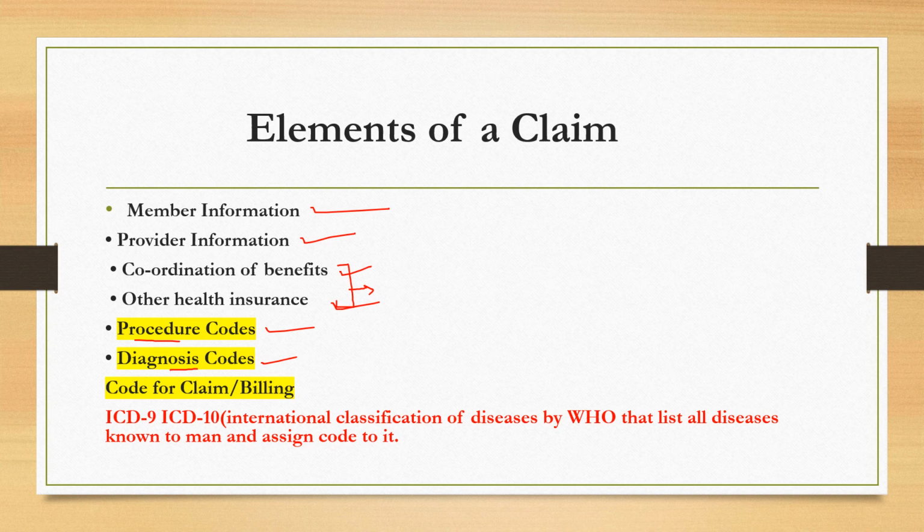There are different codes for claims and billing, but always remember ICD-9 and ICD-10, the International Classification of Disease by WHO, that lists all diseases known to man and assigns a code to it. ICD-9 is an older version, ICD-10 is a newer version now.